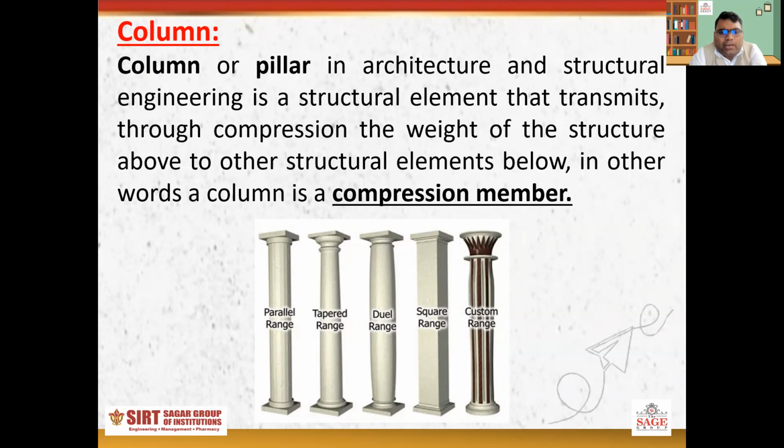In other words, a column is a compressive member, or we can understand it with a simple example in simple words. We can say that a vertical element of a structure subjected to compressive load is said to be a column.